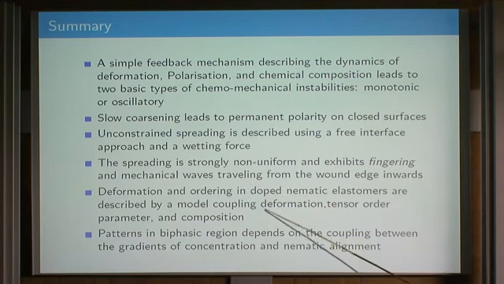And the last part was about deformation and ordering in nematic elastomers. First just deformation and the interaction between deformation and polarization, and then also with concentration feedback.